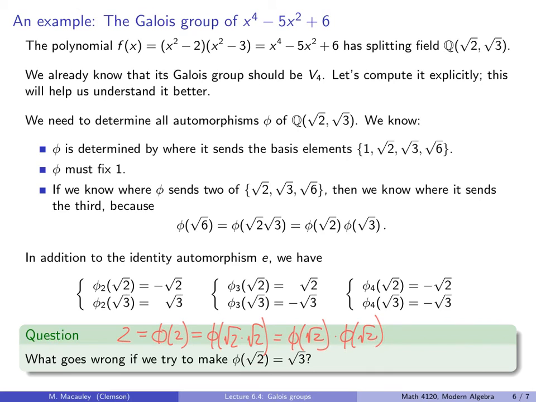So what if phi of root 2 equaled root 3? Well, I said you would do this on your own, but I've pretty much given it away now. Suppose phi of root 2 were equal to root 3. Well, then we could write this as root 3 times root 3, which is equal to 3. But we also know it's equal to 2. So that's not possible.